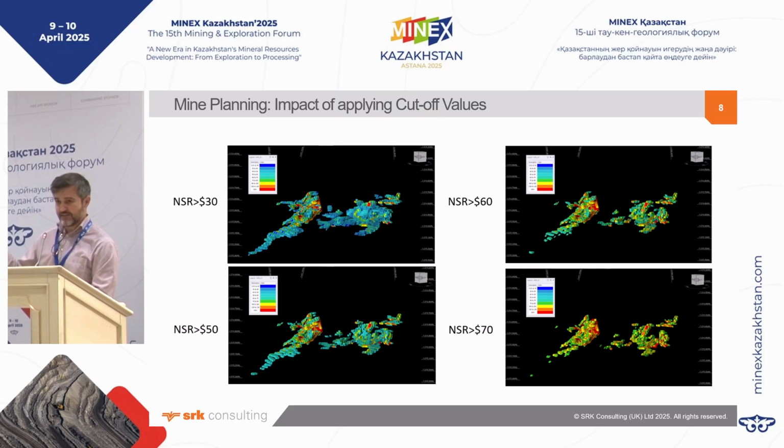Now, each of those has a different relationship on the value. The heap leach will have a lower recovery than the flotation. The heap leach will have cheaper process costs, whereas if we want to send it to flotation, we'll get higher recovery, but that will come at a higher cost, okay?